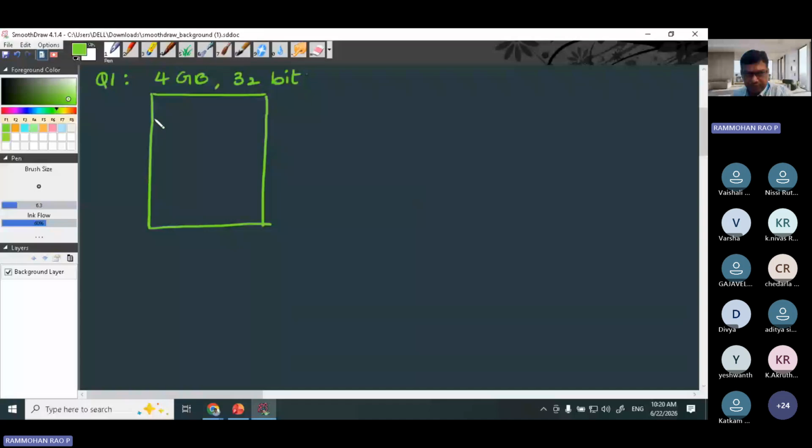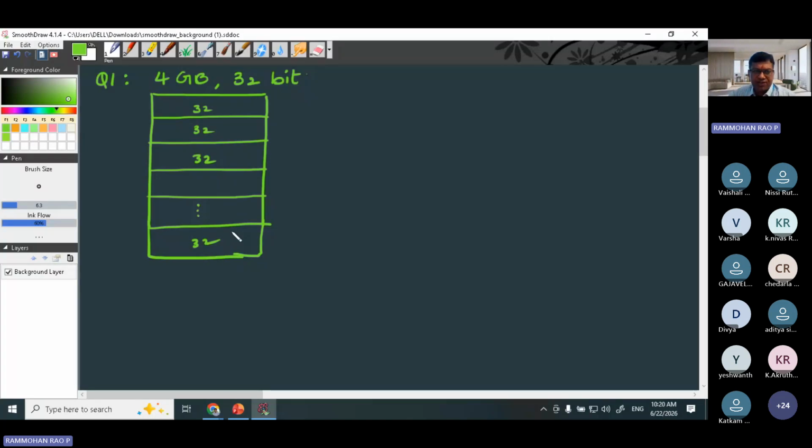What is the size of each piece? That is dependent on the CPU. My CPU capacity is 32 bit in this example. It means each piece is 32 bit, 32, 32, 32 like that. These are all 32 bit slices.